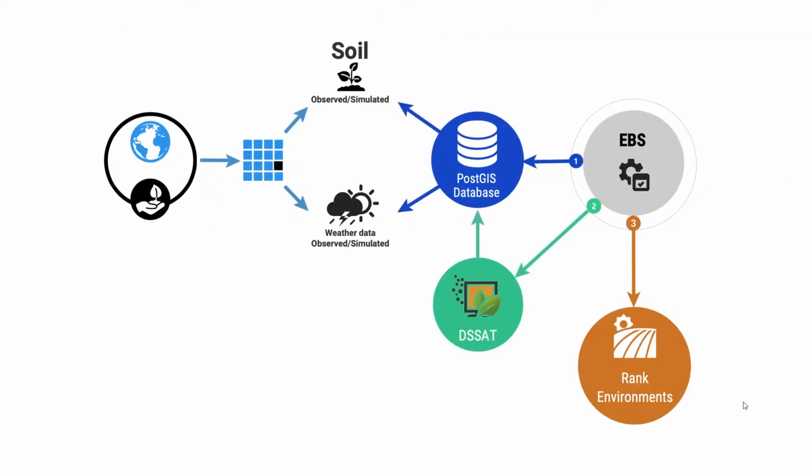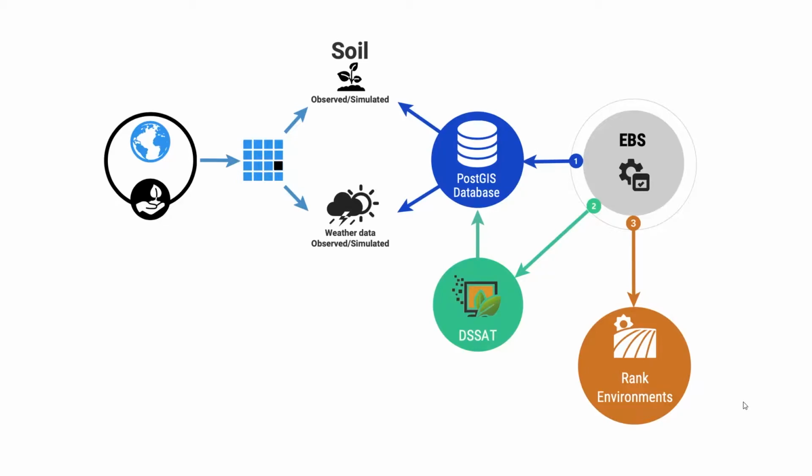So in this flowchart we show the connection and the components of the system. The EBS is connected to a relational database with geographic objects, which contains climate and soil data at the spatial scale suitable for location-specific crop modeling.